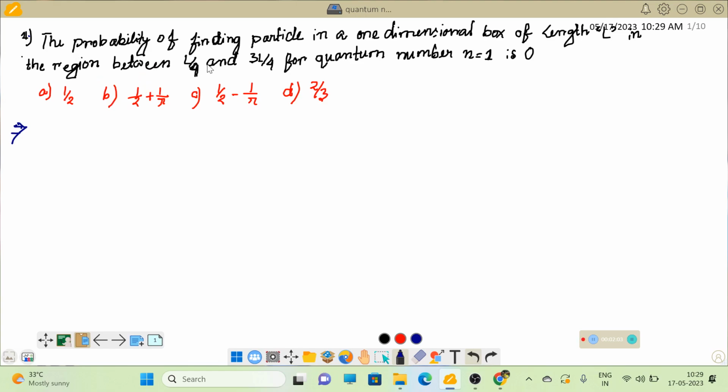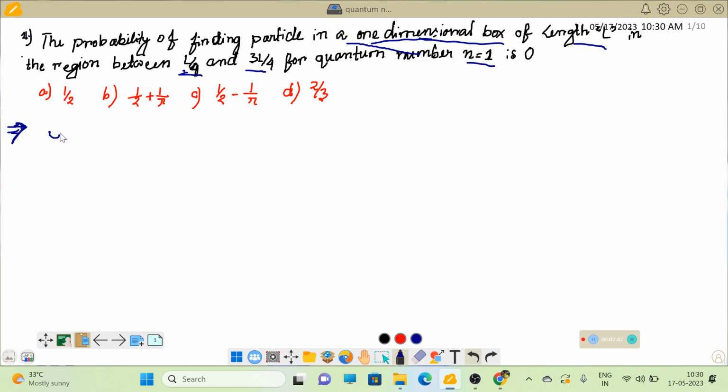The probability of finding a particle in a one-dimensional box of length L in a region between L by 4 and 3L by 4, where this is the lower limit and this is the upper limit, for the quantum number n equal to 1. So they are telling that it is a one-dimensional box of length L. The key points from the question: one-dimensional box, the region is between L by 4 and 3L by 4, and the quantum number is n equal to 1.